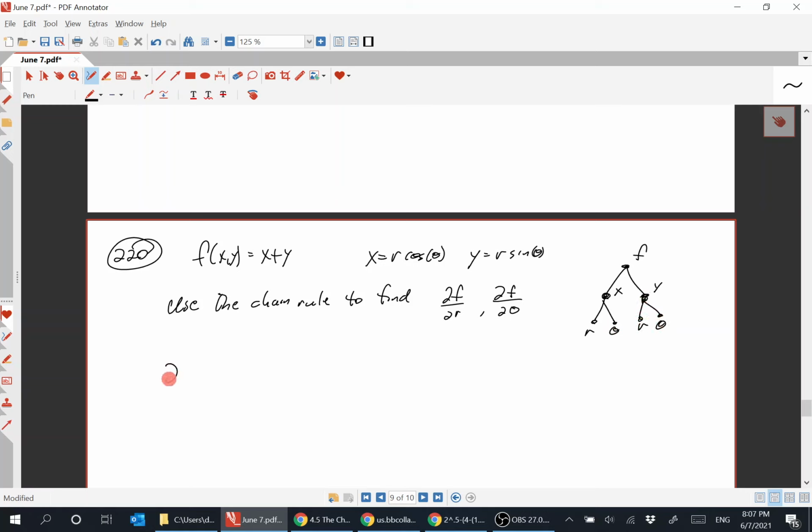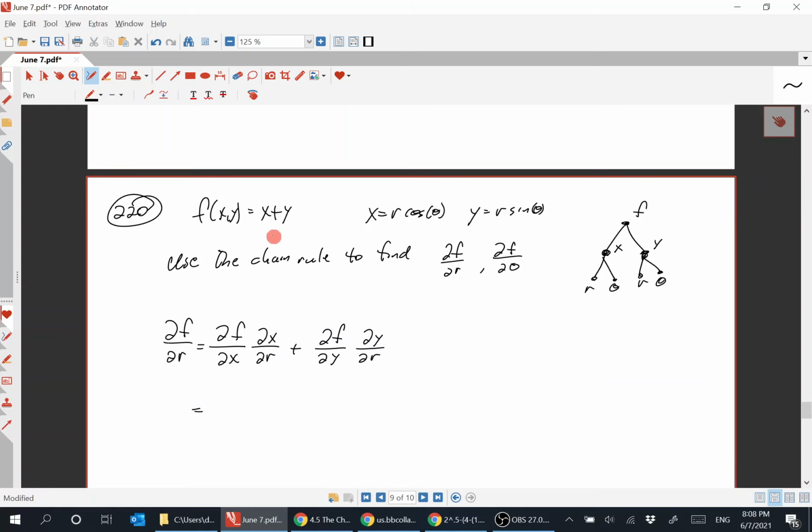Right, so partial f with respect to r is partial f partial x, partial x partial r, plus partial f partial y, partial y partial r. So, in this case, partial f with respect to x is 1.